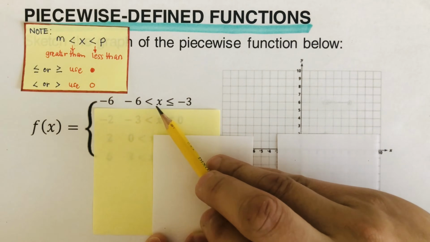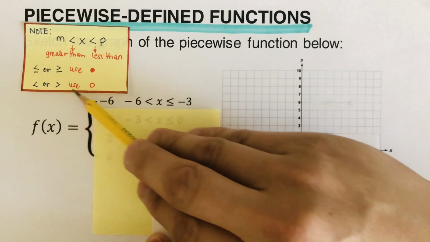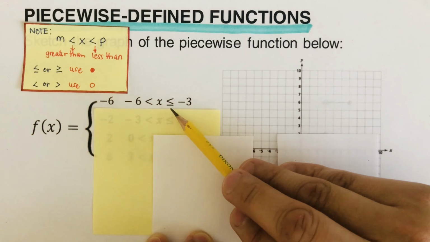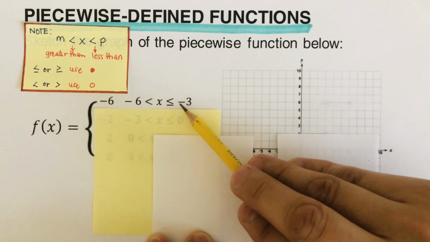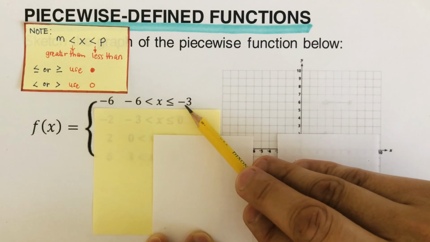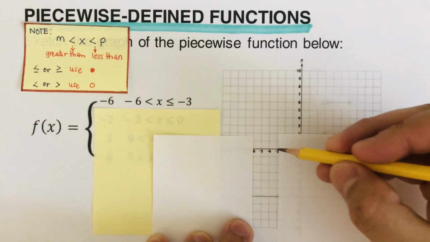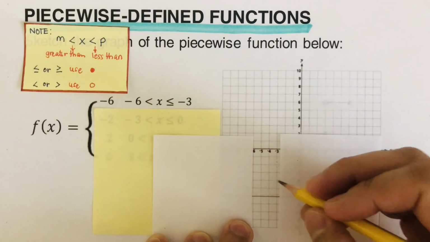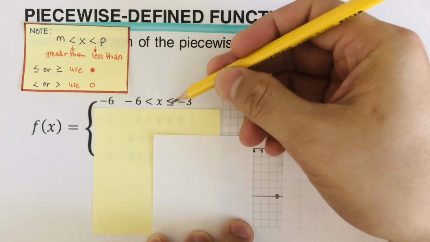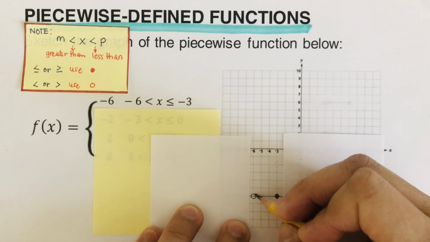Since there's no line underneath at -6, we use an open circle on -6. Since there is a line underneath the -3, which is less than or equal to -3, it's going to be a solid circle on x is equal to -3. So in this part I'm going to use a closed circle, and in this part I'm going to use an open circle.